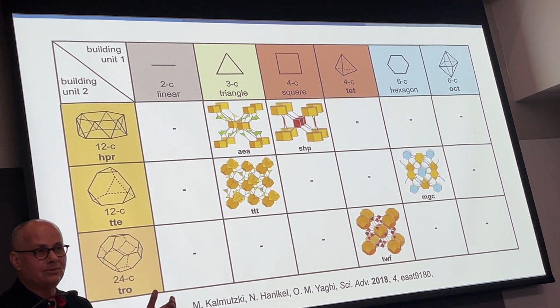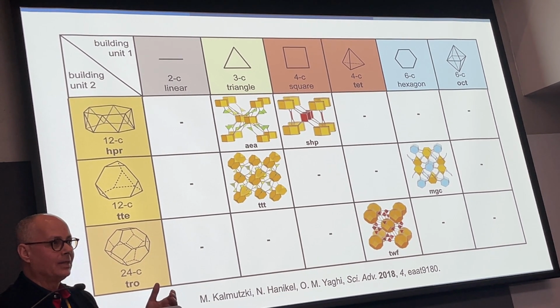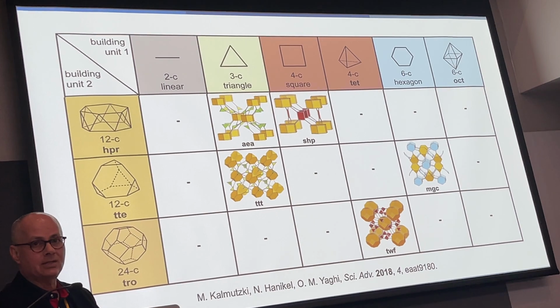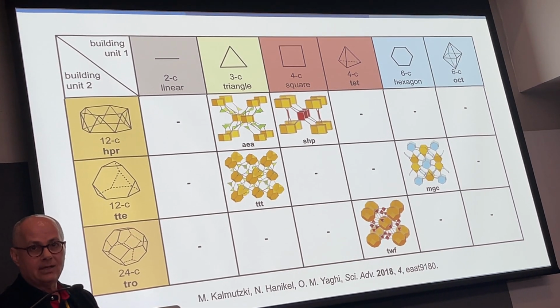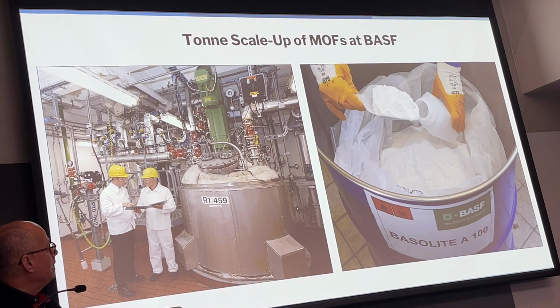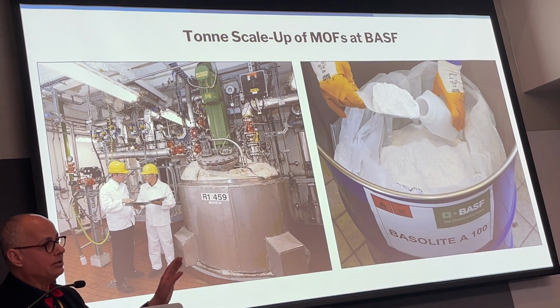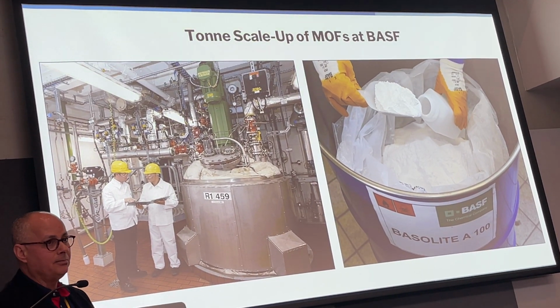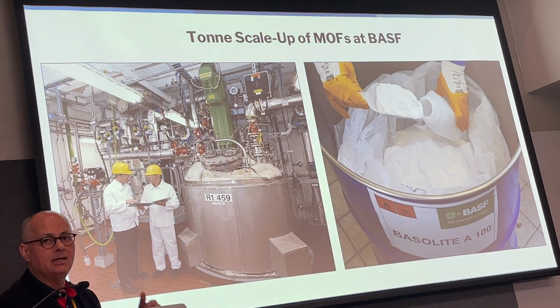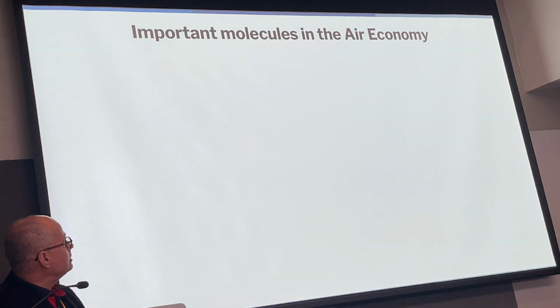And so they spend 2 to 3 years doing trial and error in terms of finding the conditions under which to crystallize them. That's where AI is becoming really, really important. And so very early on, we showed that these can be made in multi-ton quantities in our collaboration with BASF. They can be made cheaply and all the things that you need.